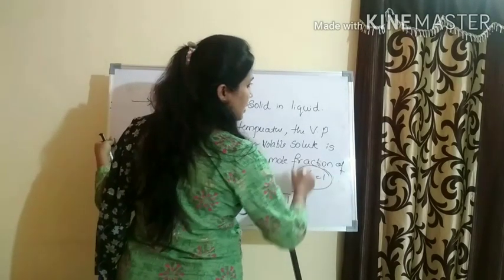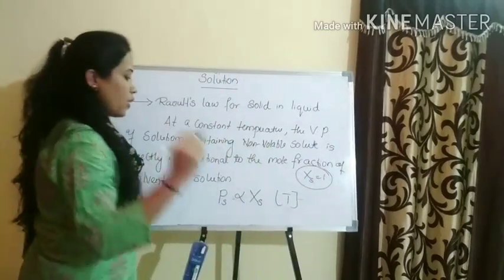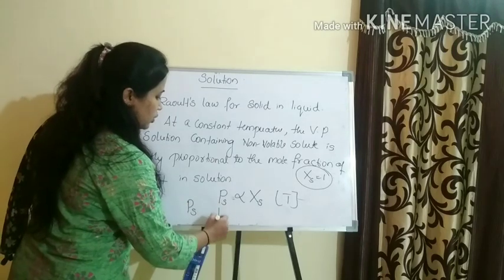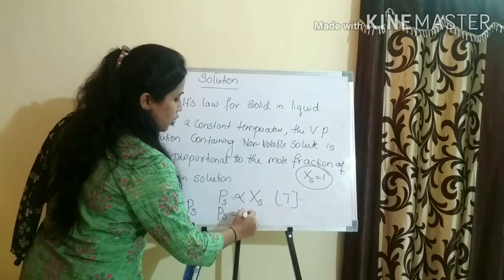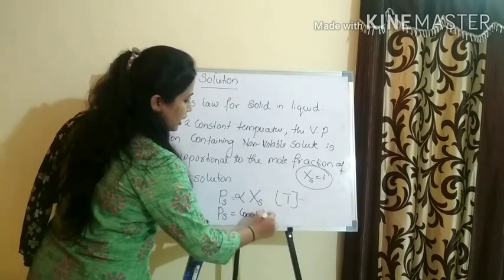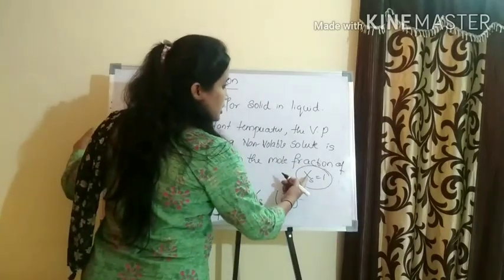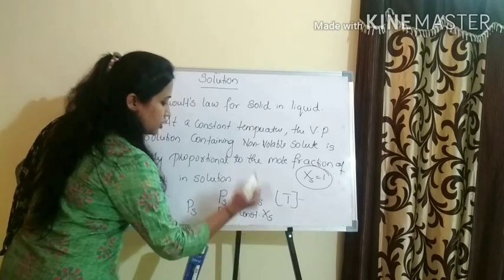Whenever I say pure solvent, its mole fraction value is always a standard 1. So Ps is equal to, by removing the proportionality, a constant into Xs. Since it is a pure solvent, I am going to substitute the mole fraction Xs equal to 1.